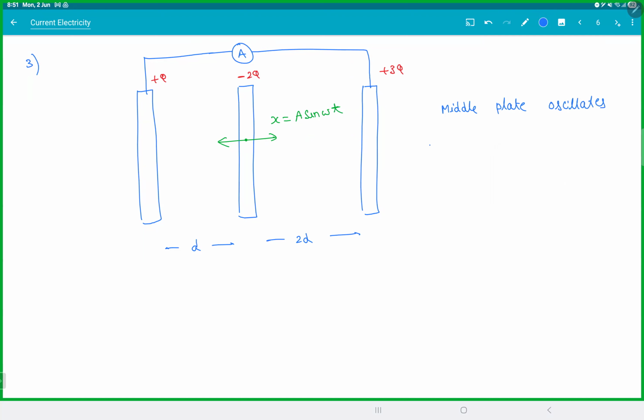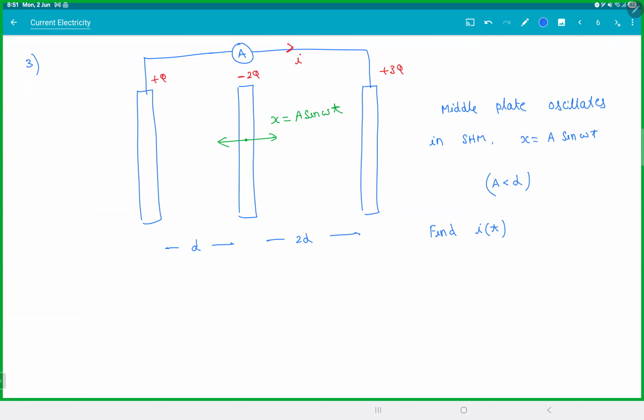Middle plate oscillates in SHM. X is equal to a sine omega t. Assume a is less than d. So you are not going to touch the other plate. Find current as function of time t. There, I just taught you one definition, I is dq by dt, but this is how the questions will come.